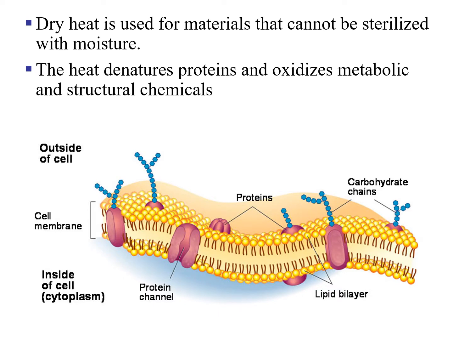So dry heat is used for materials that cannot be sterilized with moisture. The heat denatures proteins and oxidizes metabolic and structural chemicals. So that is how it destroys the microbe.